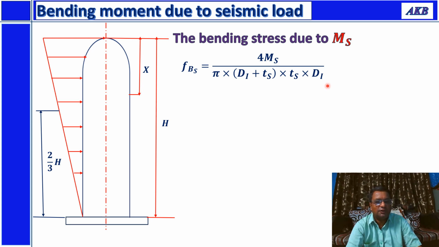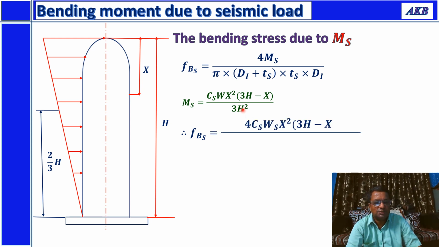So there are a lot of terms in the denominator. Let us understand the terms involved. Ms is the bending moment. We just saw the equation: it is Cs into W into x square into (3h minus x) divided by 3h square.